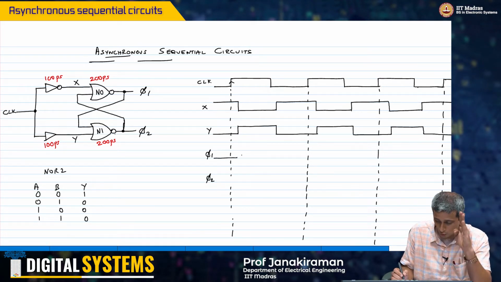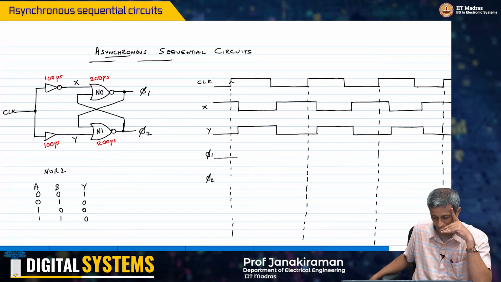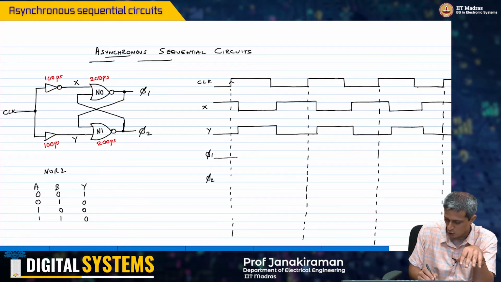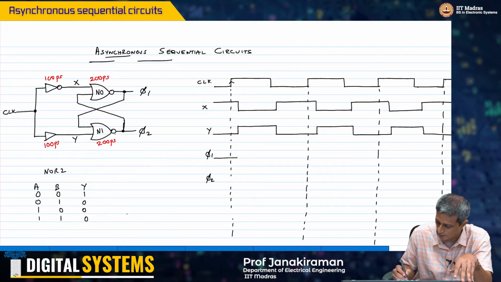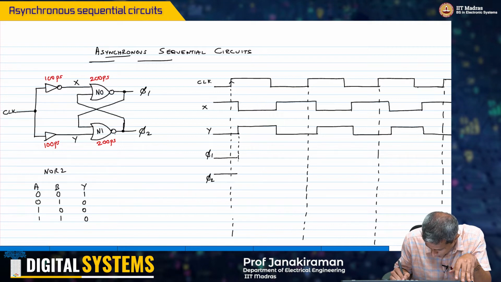It has to be low until x. And now if phi 1 is low and y is also low, then both inputs to n1 happen to be 0, 0, and therefore phi 2 has got to be high, at least until this point.